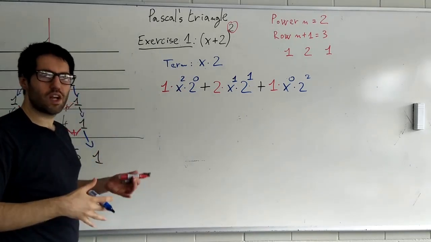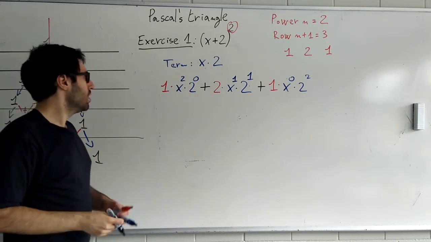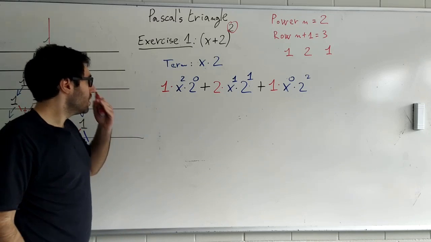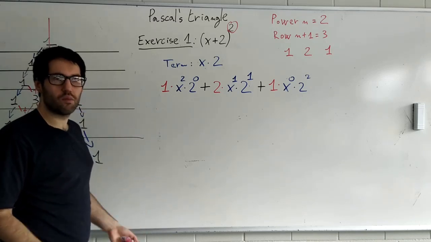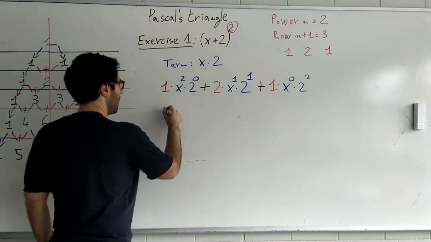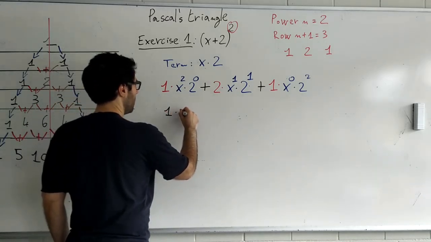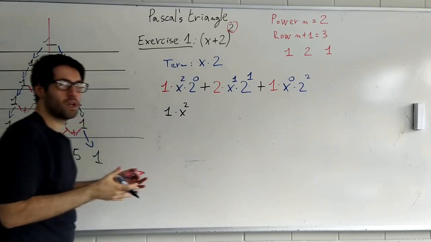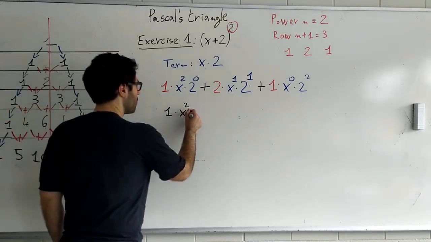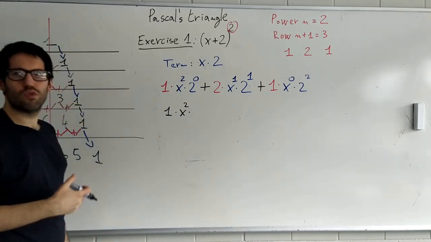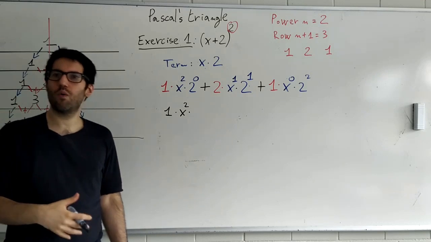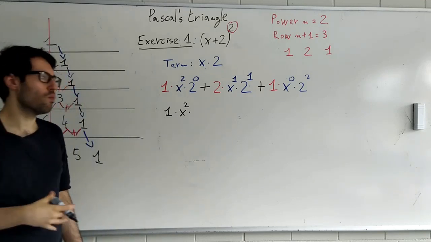Now we just have some simple simplifications to perform. I suggest starting from the powers. So I'm going to copy 1, which multiplies x to the power of 2, which cannot be written in any other way, so we just copy that, which multiplies... What is 2 to the power of 0? We have to remember that any number to the power of 0 is equal to 1.